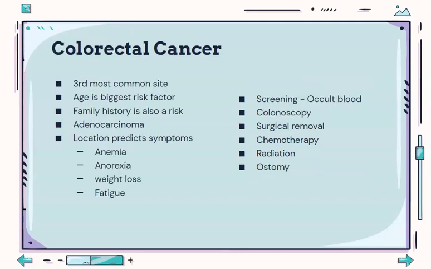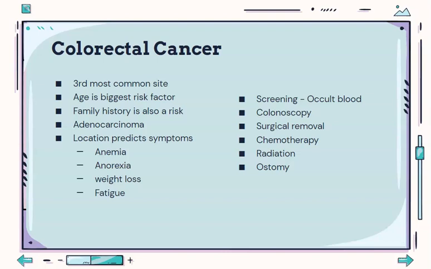And then looking at colorectal cancer. So this is the third most common site for a cancer diagnosis. Age is going to be your biggest risk factor. There is a genetic component to this type of cancer. It is also an adenocarcinoma. And then your location of the cancer really will lead more towards the type of symptoms that they're going to have.